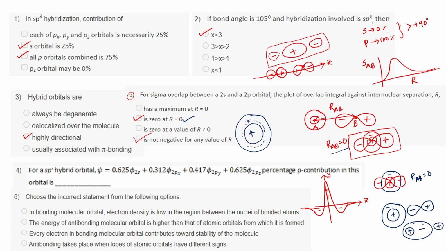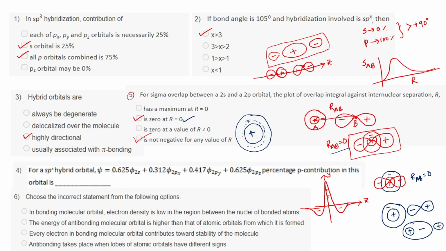So this is positive. Even though these are two negative signs, those are phases, right? But the overlap is positive. Positive overlap means there is some overlap taking place. Negative overlap means there is no overlap. That is what I am trying to say. So there is some overlap here.